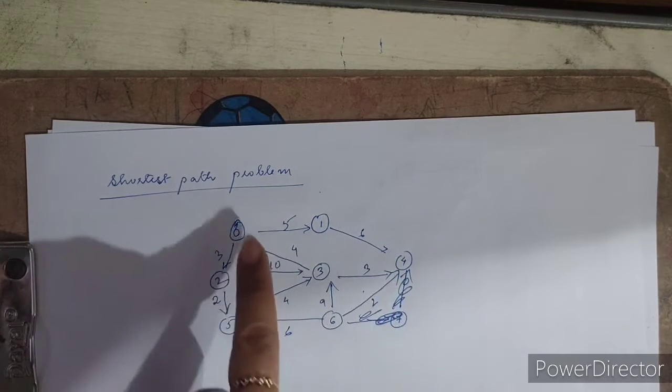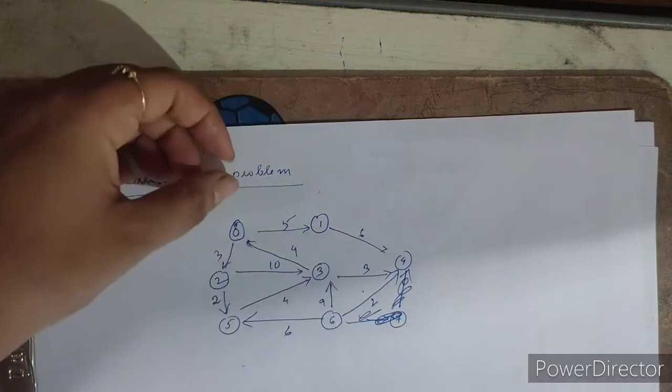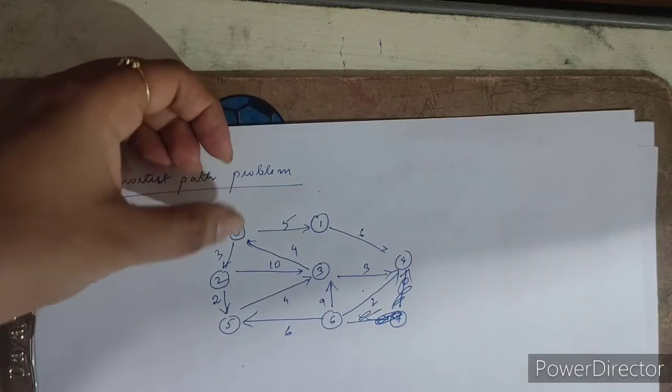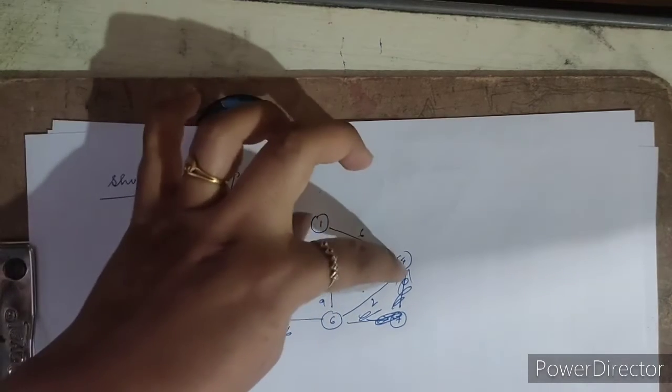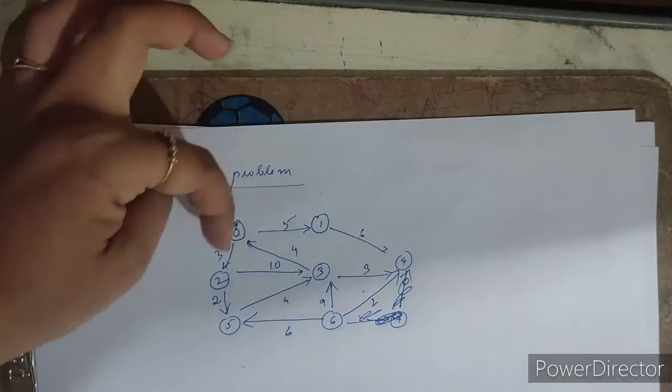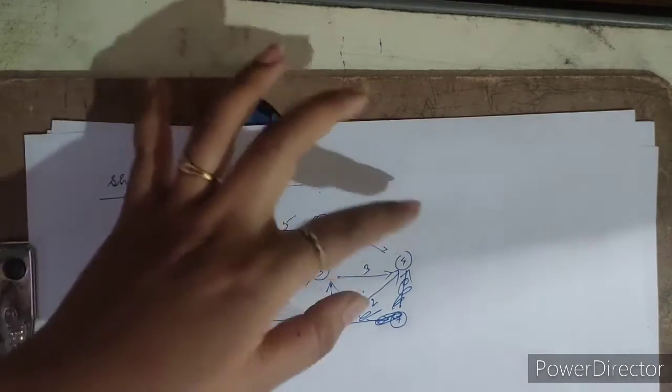We can take the path from 0 to 2, then 2 to 3, then 3 to 4, and the length of this path would be 16: 3 plus 10 plus 6.